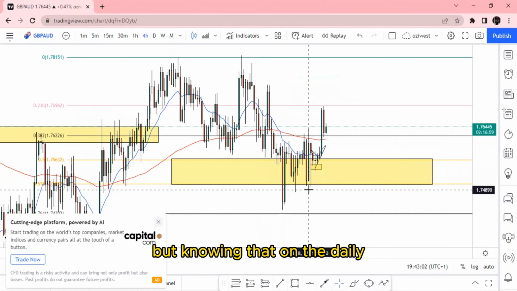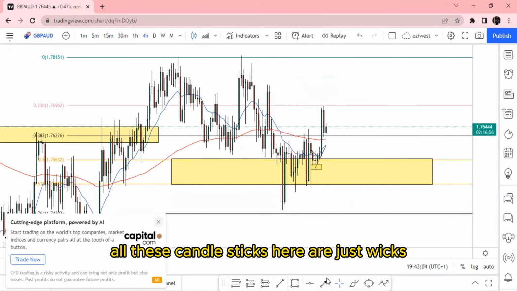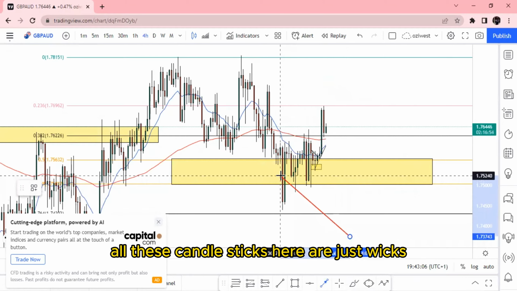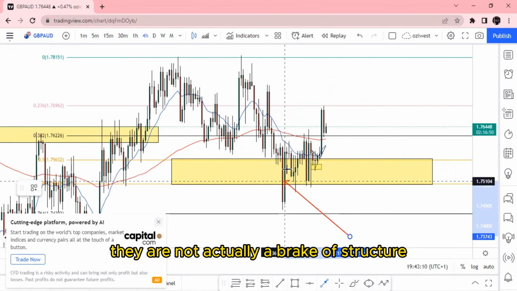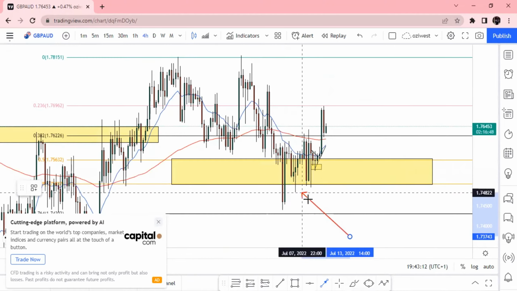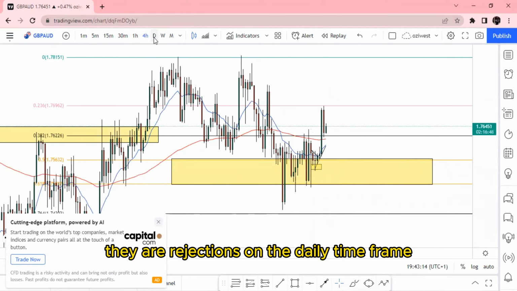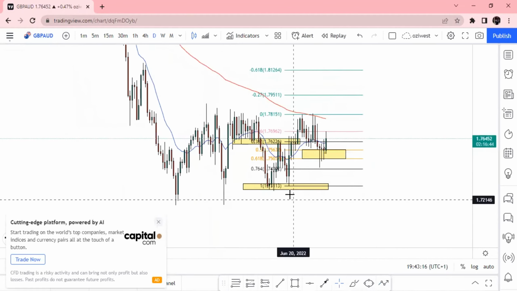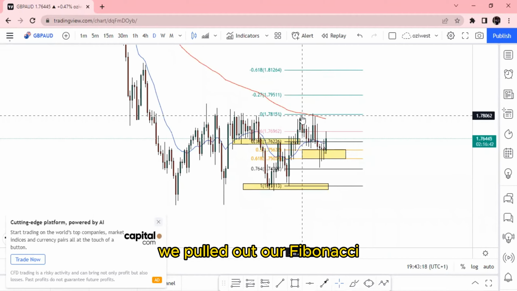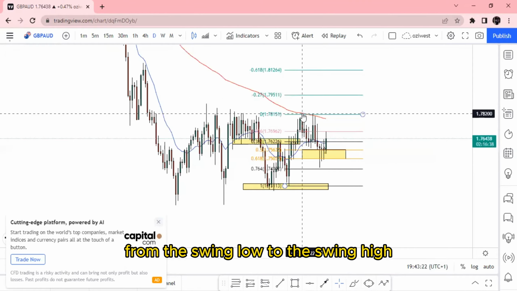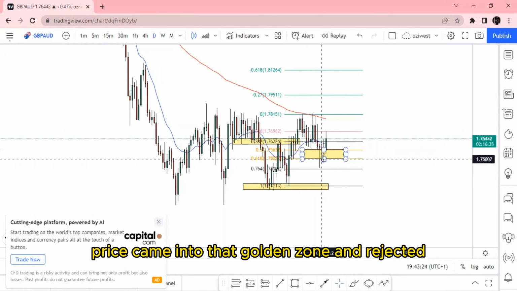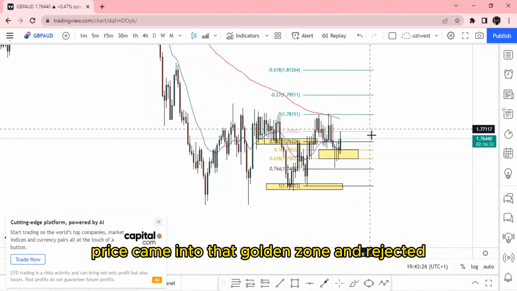But knowing that on the daily, all these candlesticks here are just wicks, they are rejections. They are not actually a break of structure. So price broke structure, we pulled out our Fibonacci from the swing low to the swing high, and price came into that golden zone and rejected.